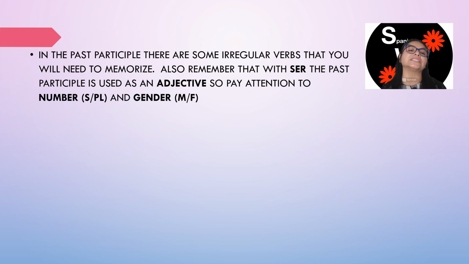In the past participle, there are some irregular verbs that you will need to memorize. Also remember that with ser, the past participle is used as an adjective. So pay attention to number, singular, plural, and gender, masculine, feminine. That's why at the beginning of the lesson I showed AR, ado, a, s.